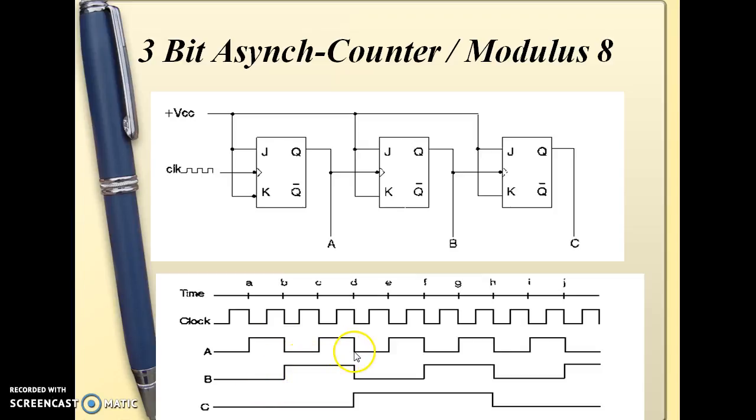Then for the next clock pulse, it will toggle from 1 to 0. This will act as the clock input for the third flip-flop, which again causes the toggling of the third flip-flop, like this. So using this 3-bit asynchronous counter, we can count from 000 to 111.